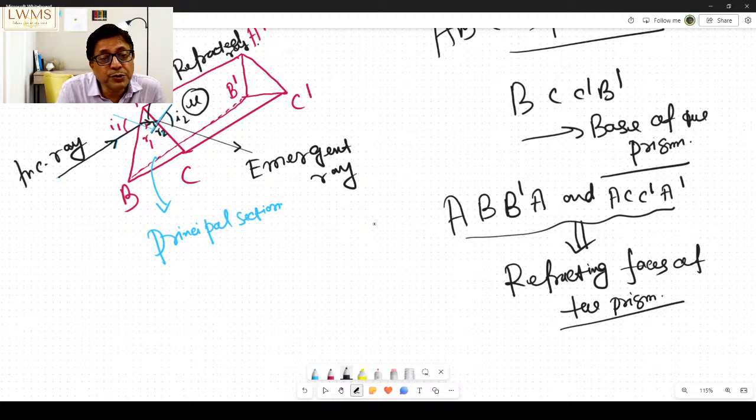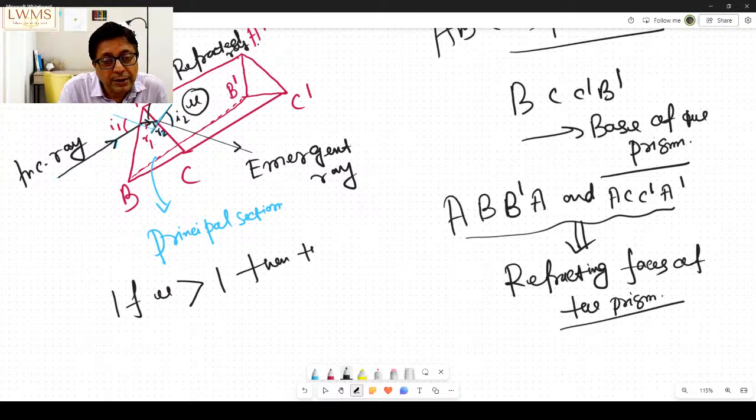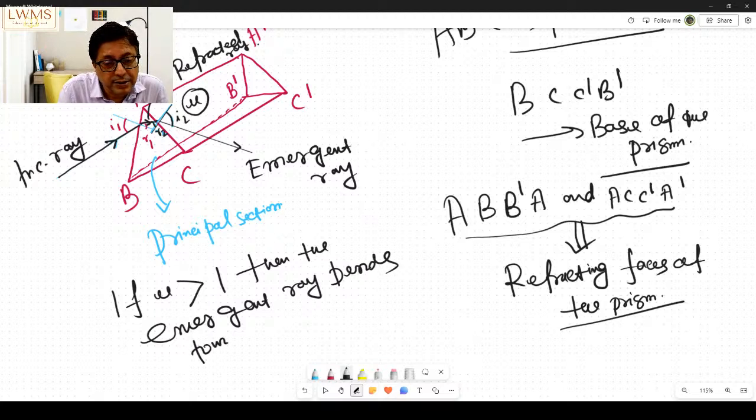And a very important thing you should remember: if mu is greater than 1, then the emergent ray bends towards the face of the prism.